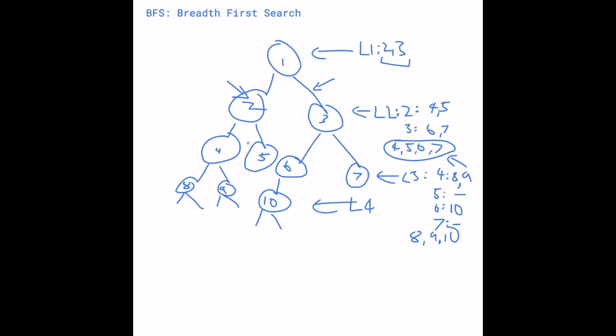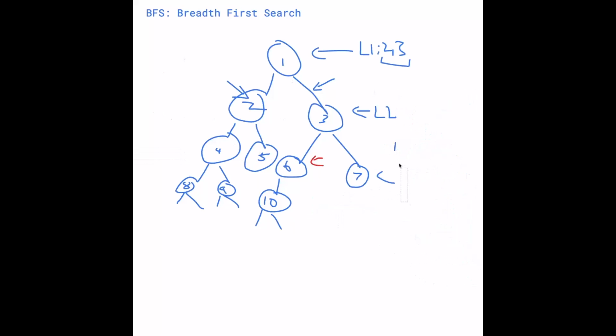So let's say I want to get to node 10, or sorry, let's just do node 6. So that's right here. Let me actually delete some of this. So if we were to use depth first search, what would happen? Well, we'd have to go from here, then down to here, then down to here, and so on until we reach the end.